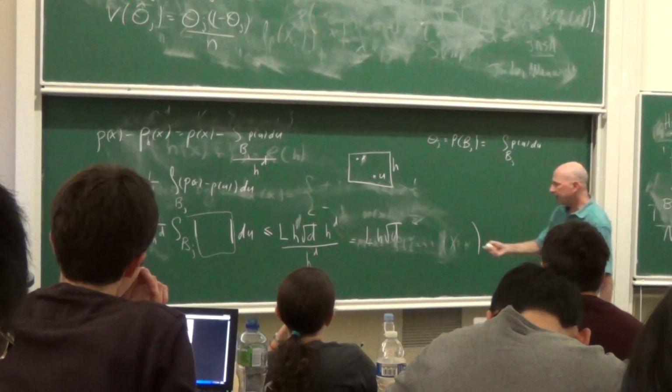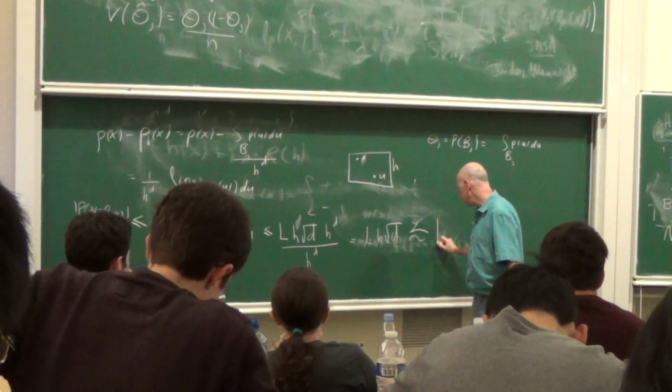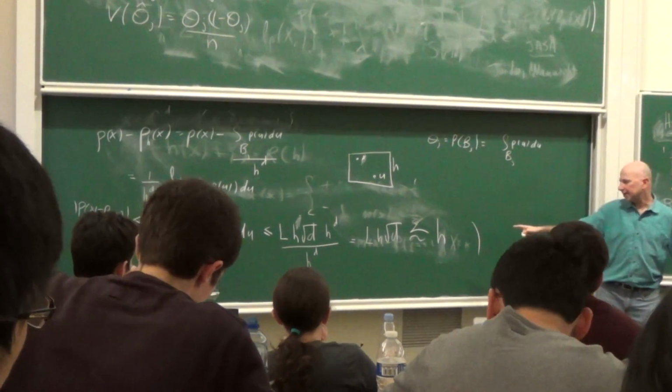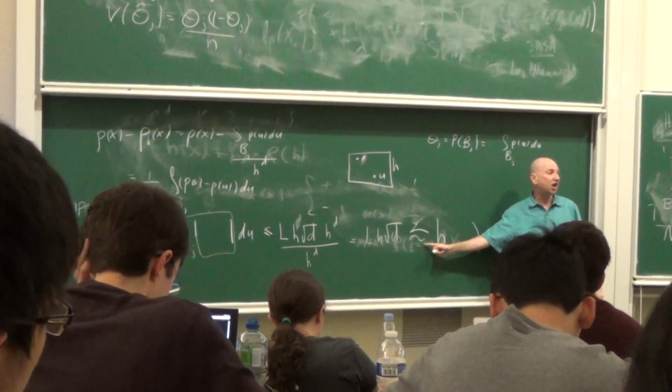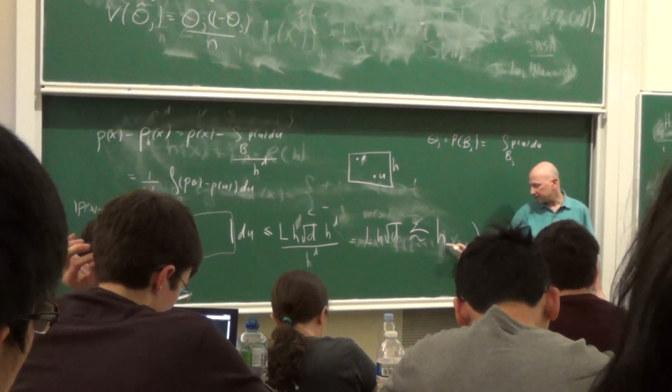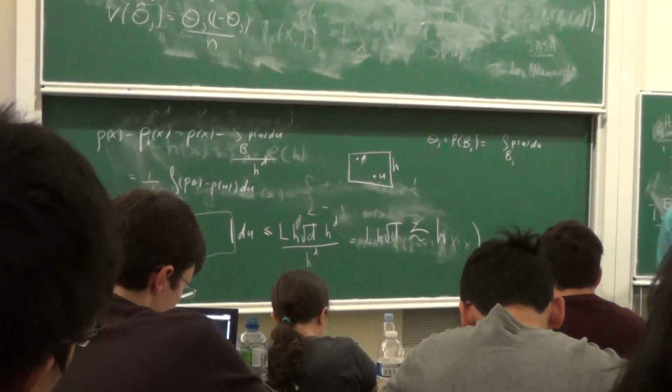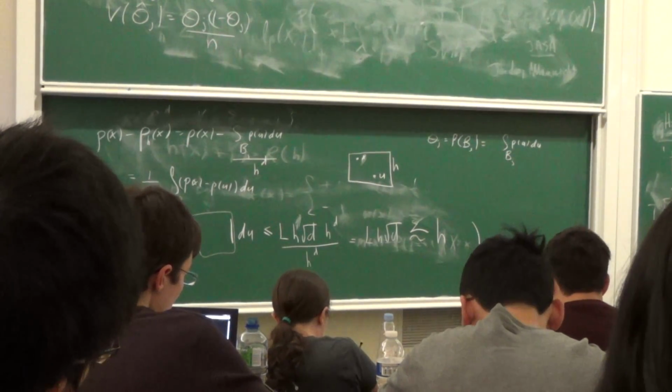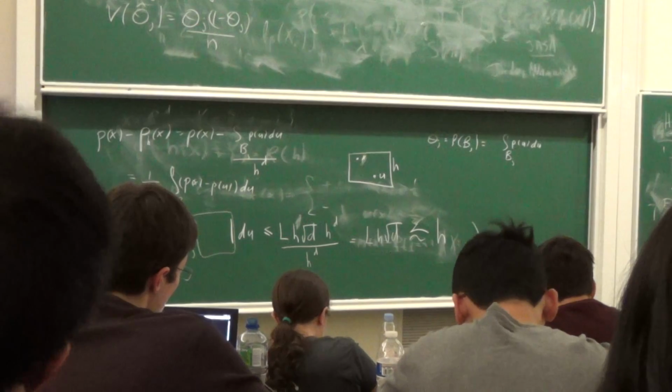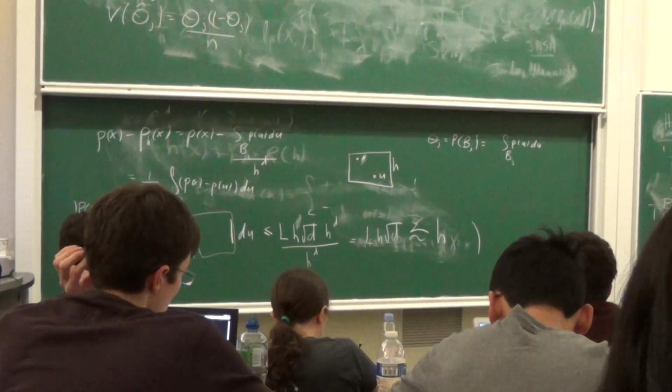Which, by the way, I'm just going to write it like this for the moment. Whenever I write less than or equal to, it means I'm throwing away some constants. So L and d are constants here. The bias is order h. What we just did is upper bound the bias by something.